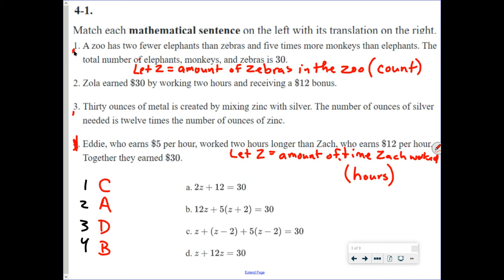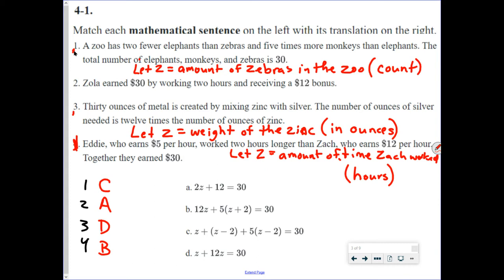So based on that, then looking at number 3, where we're talking about zinc. Again, it's not let z equal zinc. It's let z equal what? Oh, careful with this one. This one is let z equal the weight of the zinc. And then in parentheses, in ounces. Do you see that? We're measuring the weight. We're not measuring the ounces. We're measuring the weight in ounces. Cool?